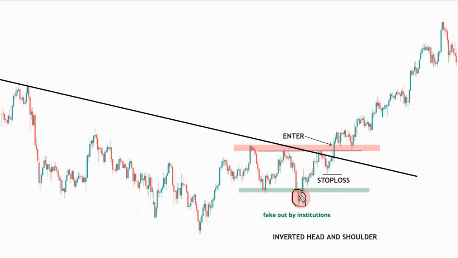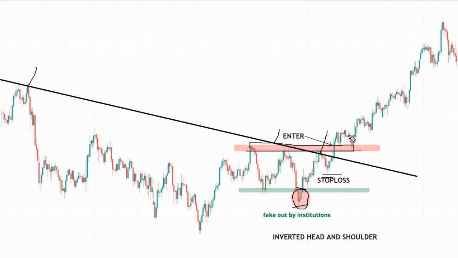Then again buyers pushed the prices towards the resistance zone, and again sellers tried, but now prices again started to form a higher low formation, and then we saw a potential fake out by the institutions. Prices are continuously testing the trend line resistance area and also the supply area.